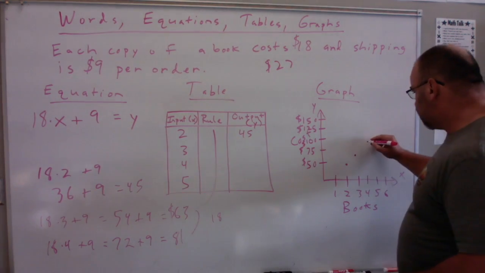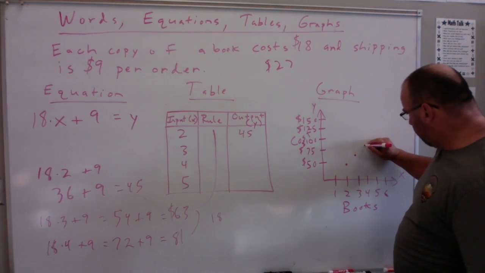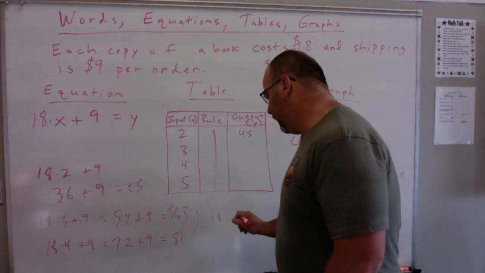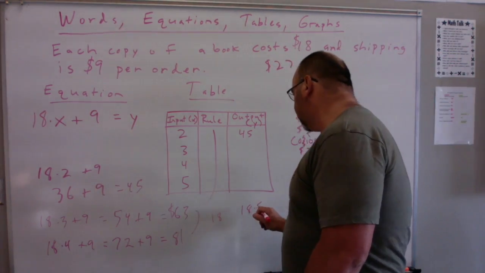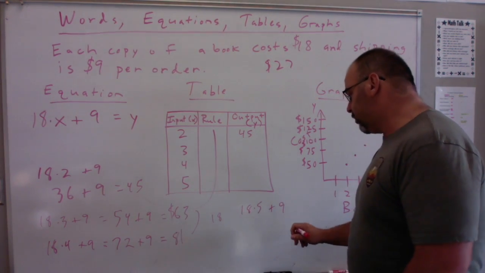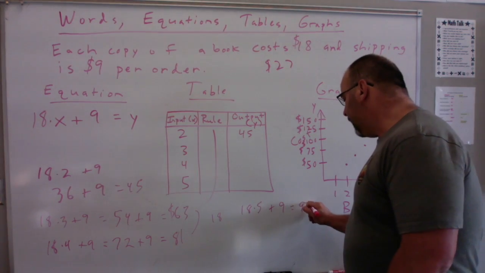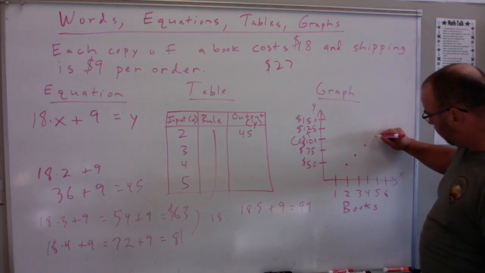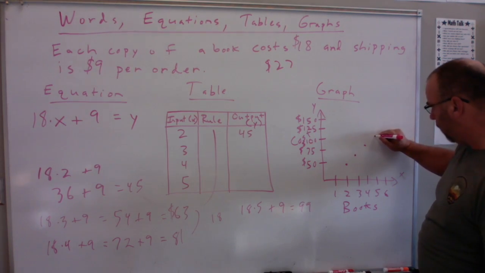So at 4, it's going to be 81, which is right about here. And finally, at 5, 18 times 5 plus 9 is going to come out to be $99. So at 5, it's going to be a little bit less than 100, right about there.